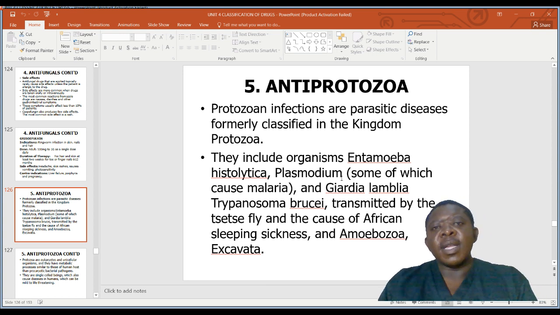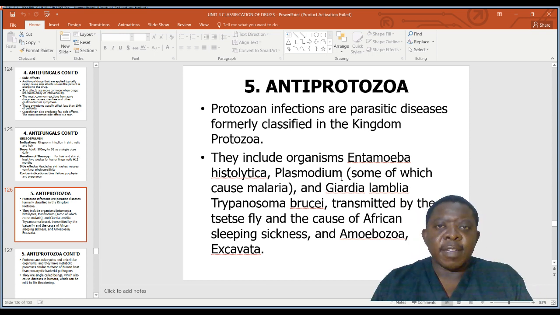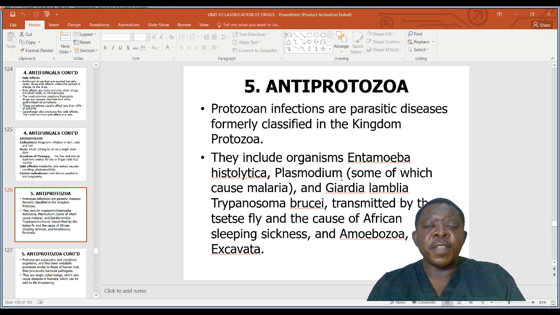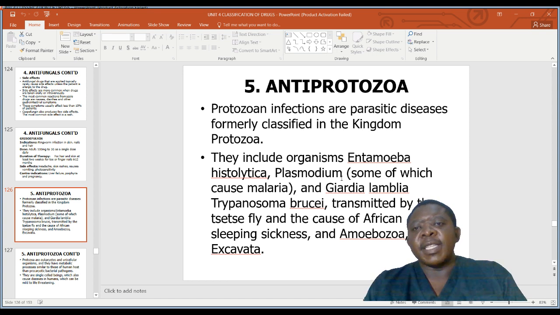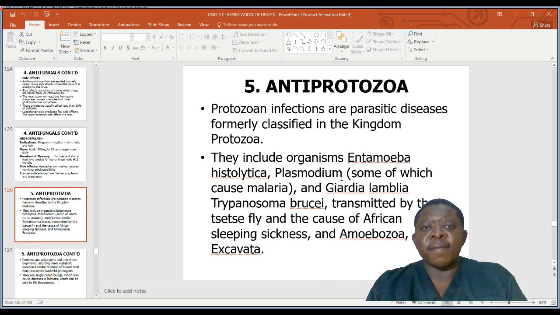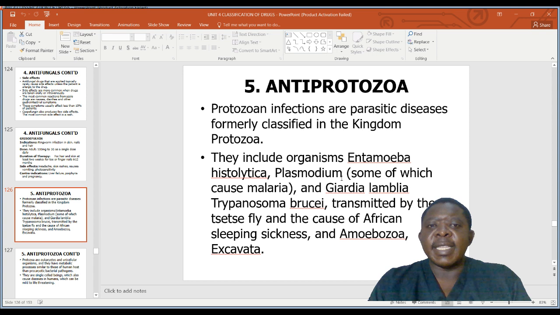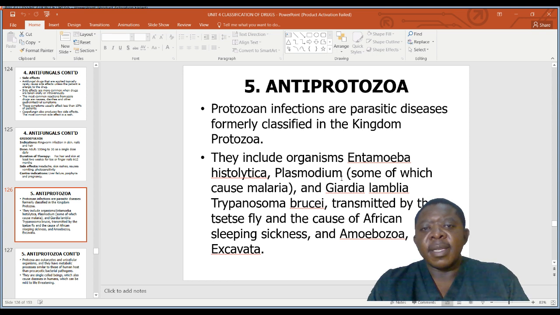Okay, so now we have looked at antifungal drugs. Now the fifth group of drugs that we can look at is the antiprotozoal drugs. Protozoan infections are parasitic diseases formerly classified in the kingdom Protozoa. They include organisms like Entamoeba histolytica, Plasmodium, some of which cause malaria, and Giardia lamblia.